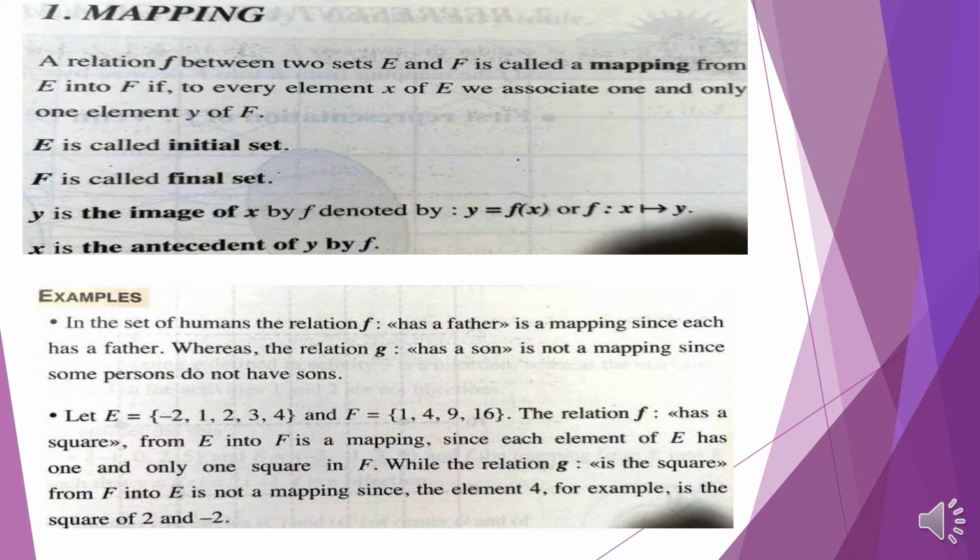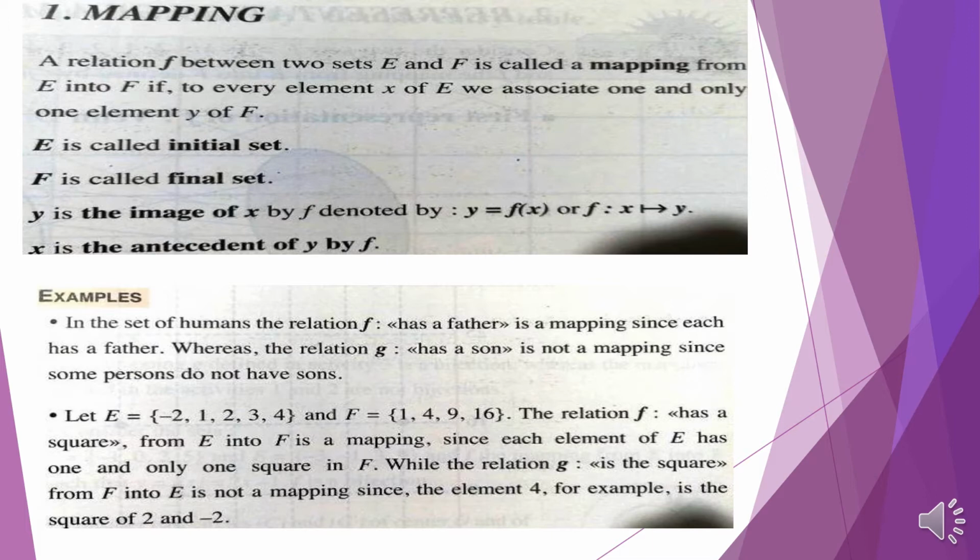While the relation G is the square from F to E. As we said first, there is a difference between F into E and E into F. From F into E is not a mapping. Why? Since for the element 4 in F, the square of 4 is 16. Is the element 16 found in E?